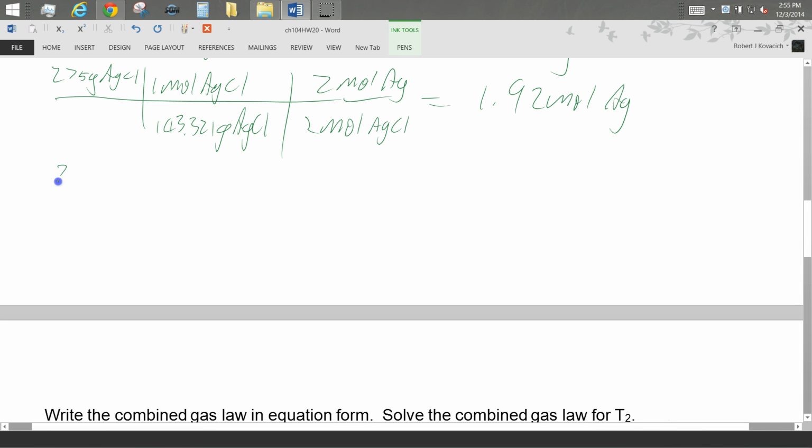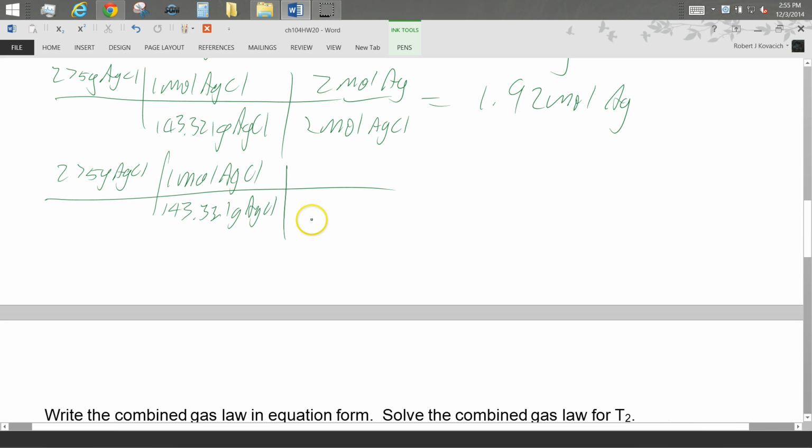So then I'll do 275 grams of silver chloride, and then 1 mole silver chloride, 143.321 grams of silver chloride, and then 2 moles of silver chloride.